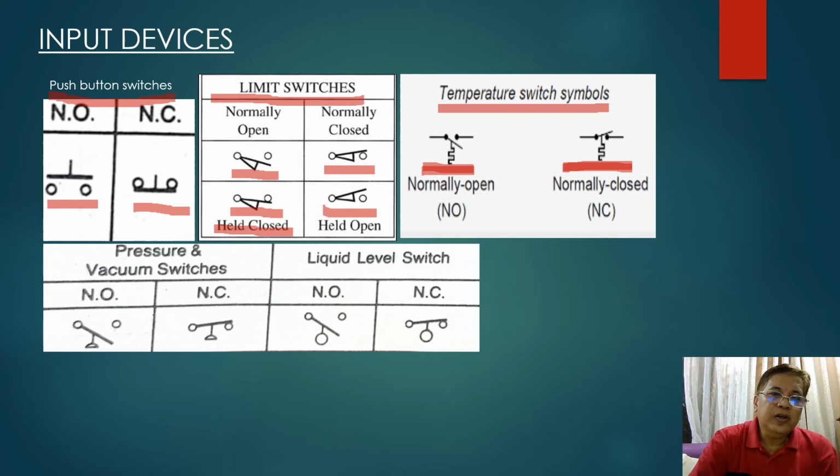Okay, so we have here the pressure and vacuum switches. We have the normally open pressure switch and the normally closed pressure switch. In the same way as in the temperature switch, if a particular pressure is attained wherein your switch is normally open, then this normally open switch will close.